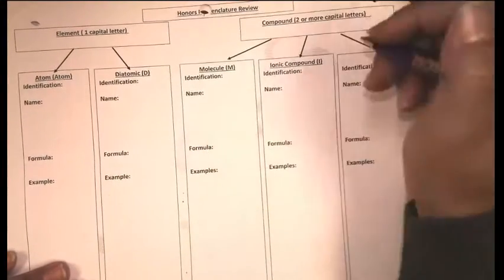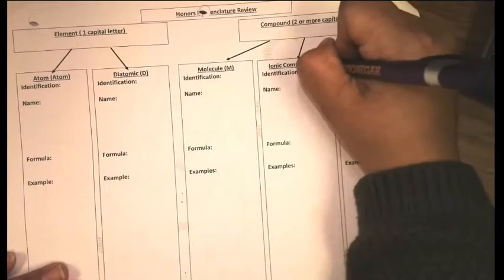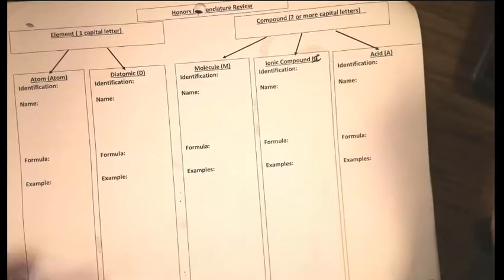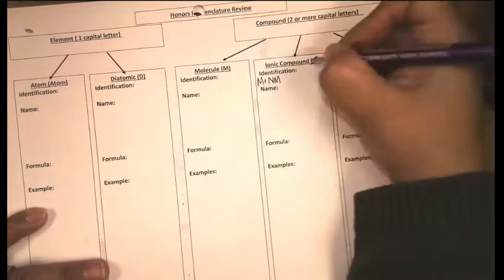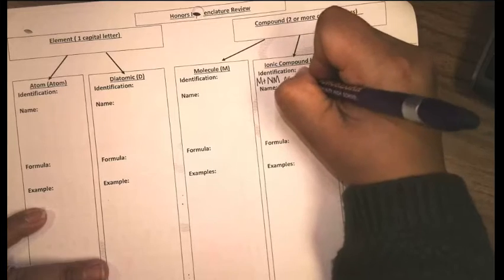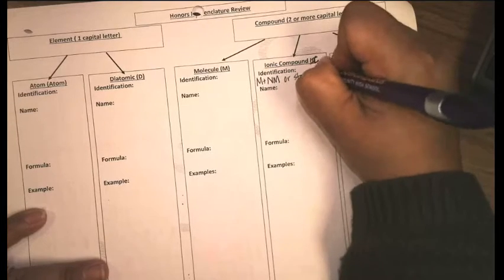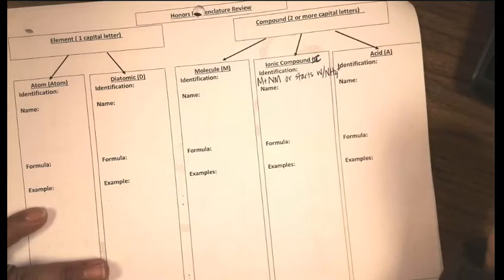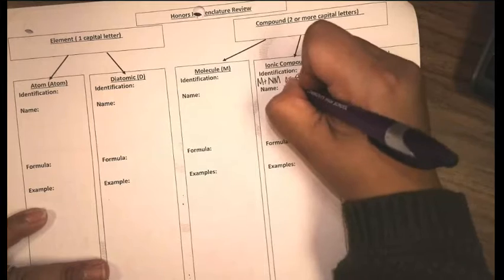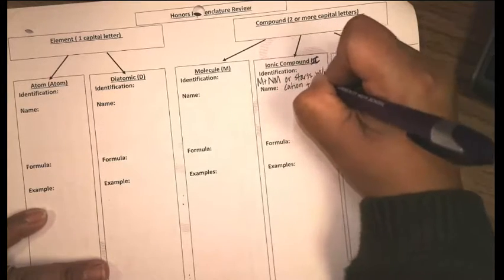And then ionic compound, that's something that we learned at the very beginning, so we're going to start with that. And that's going to be IC. Identification, we're going to say that it's metal plus non-metal, right? Or starts with NH4 plus. Okay? You can also say that it's a cation plus anion.